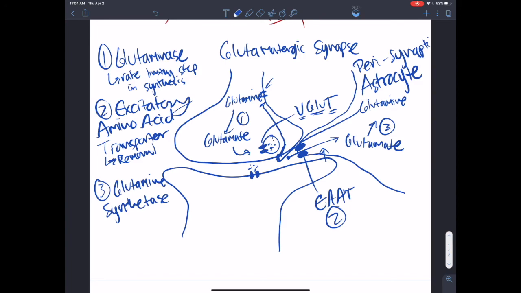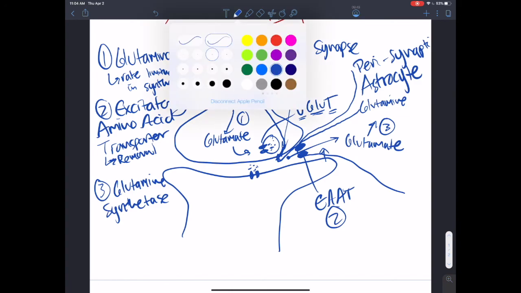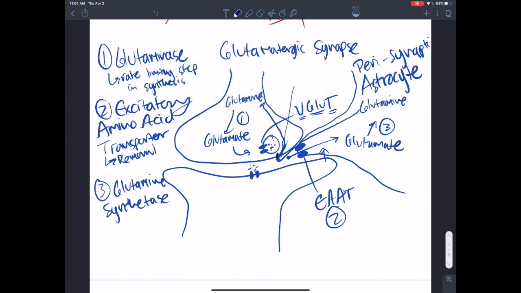So glutamine does nothing in the synaptic cleft. So you're taking glutamate away, converting it into something that's inactive in the cleft, and then putting it back in the cleft so that it can be safely trafficked back into the presynaptic neuron through this transporter that is specific to the presynaptic neuron, which is this transporter right here that I've drawn just horribly. And then back to glutamine, so then you can synthesize more glutamate within the presynaptic terminal.